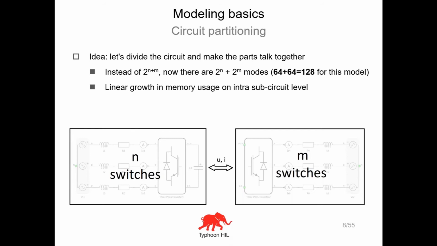So let's go back to our back-to-back converter example, and we can see that if we split the model so that one converter is placed in one subcircuit and the other converter is placed in the other subcircuit, each of those subcircuits has a total of 64 modes. So overall, the total number of modes for the original circuit goes down from 4,096 to a total of 128.